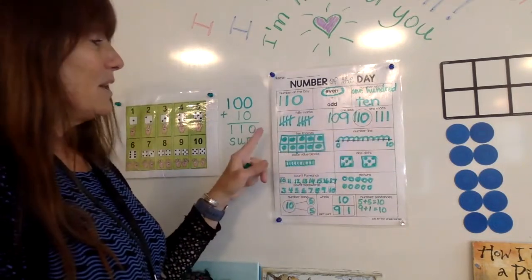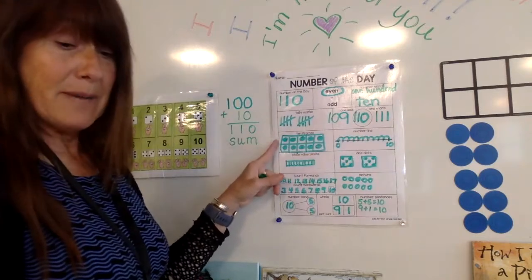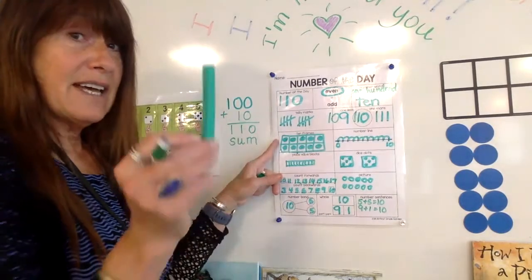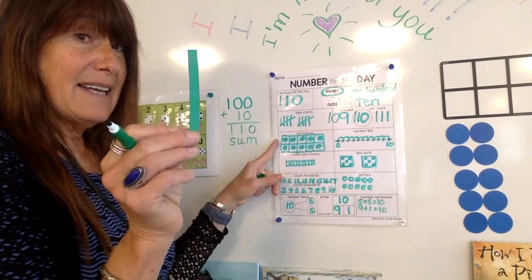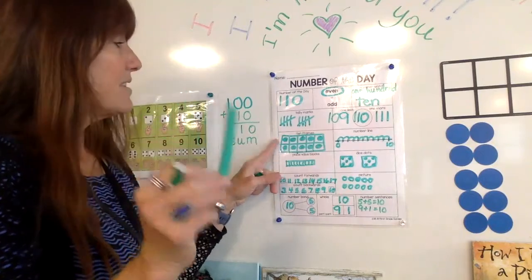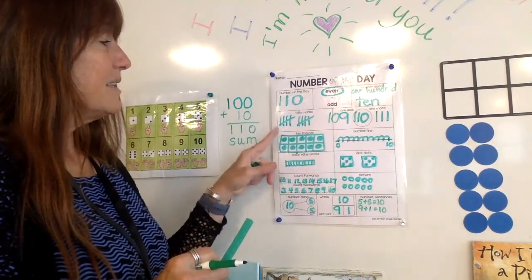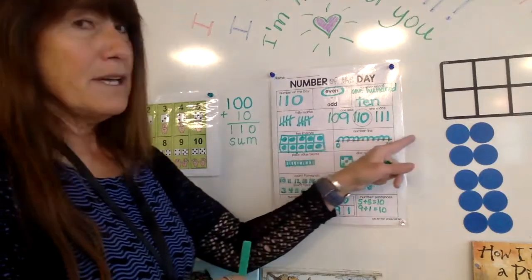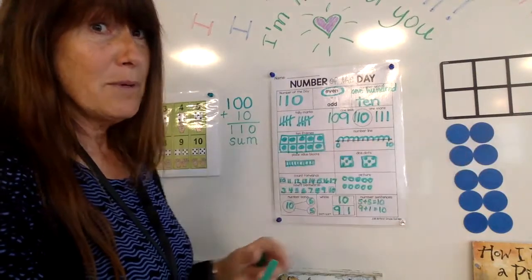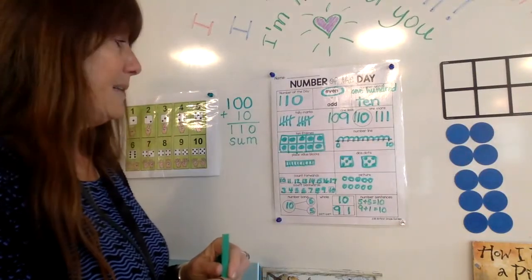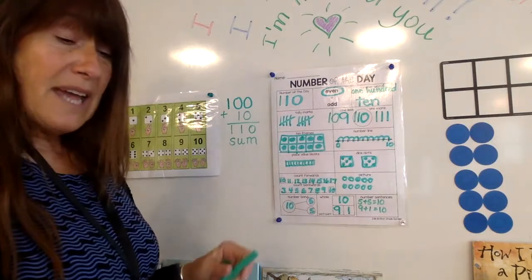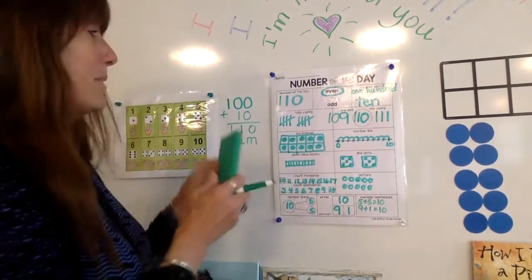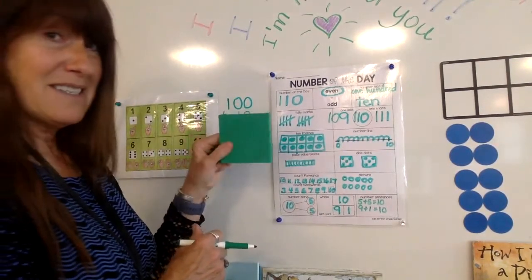I would need 10 more 10 frames, right? To make 110. 10 tens makes 100. So 10 more 10 frames plus this one would be 110. I would have to make a very long number line to keep going to 110. I would add to my place value blocks.